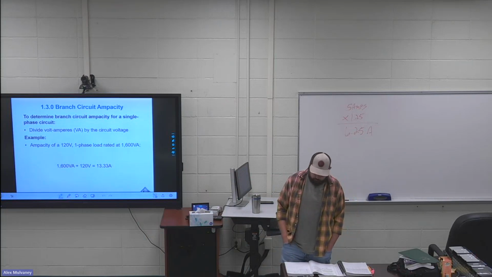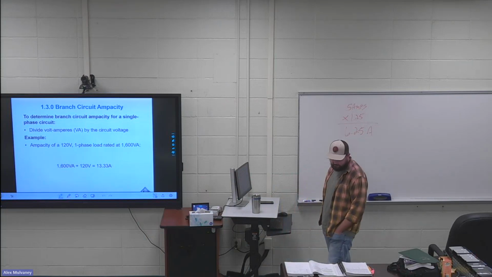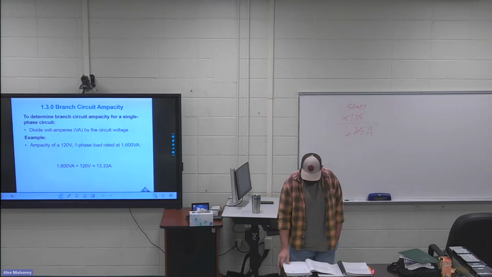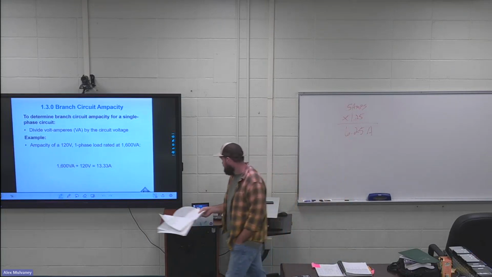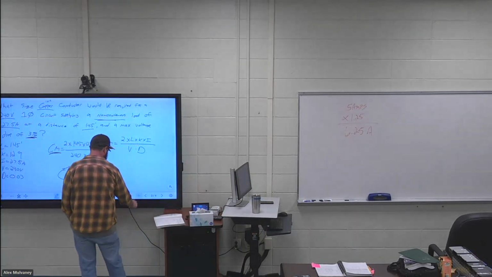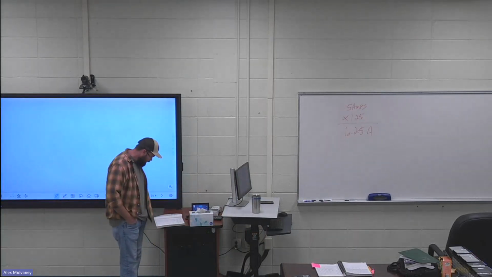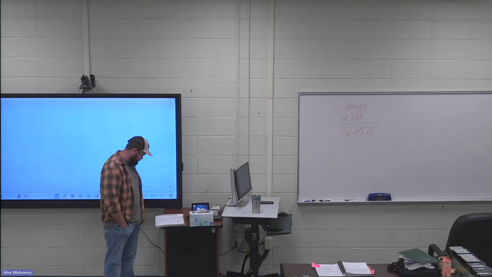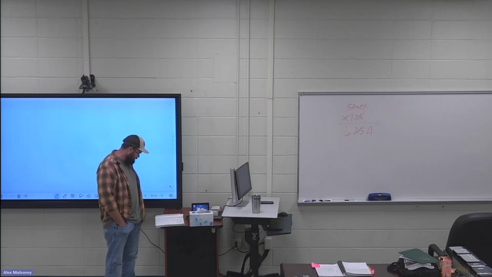I have example 2 highlighted as an online test question, so I'm going to run through that question with you. What is the ampacity of a 3-phase electric water heater with a nameplate rating of 20 kilowatts and 208 volts?